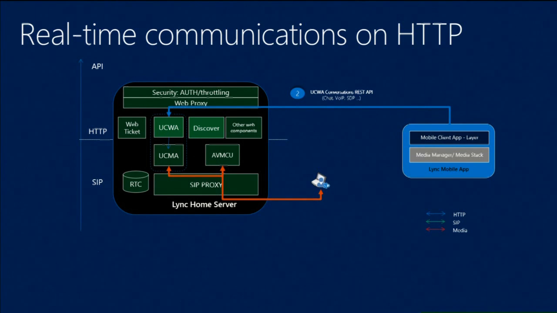So our internal client can use autodiscover as well, or can use a DNS record and can connect to our AVMCU, UCMA if needed, through our SIP proxy. So once again, while the desktop app uses SIP signaling to talk to Lync, it's the mobile client that uses REST APIs, which is basically SIP signaling, but over HTTPS.